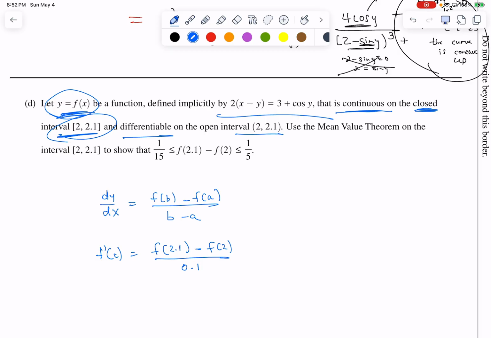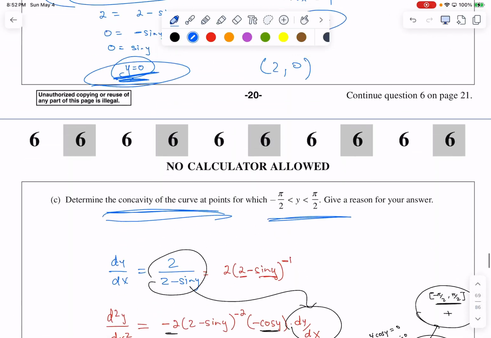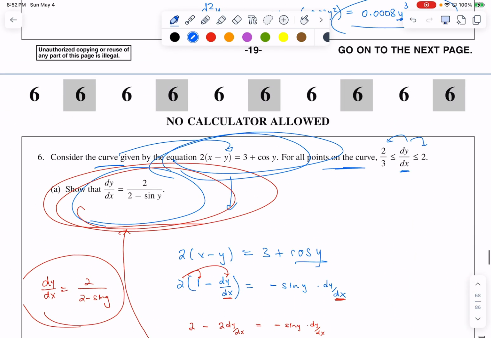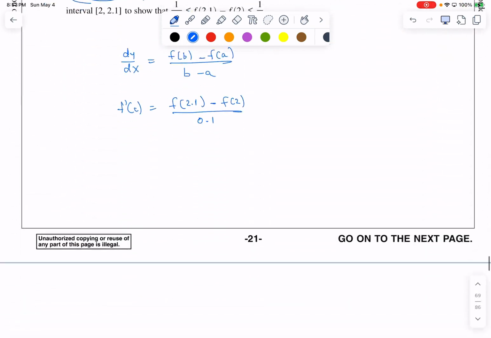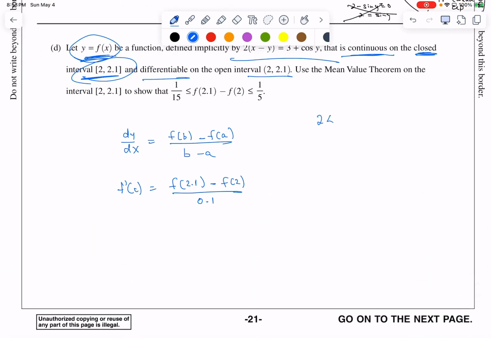Now, there was something they told you all the way back in the original problem. What did they tell you about dy dx? The slope was always between 2/3 and what? And 2. So it was always a slope between. So I'm going to go back to that. There was a reason they gave you that. The slope, dy dx, was always between 2/3 and 2.